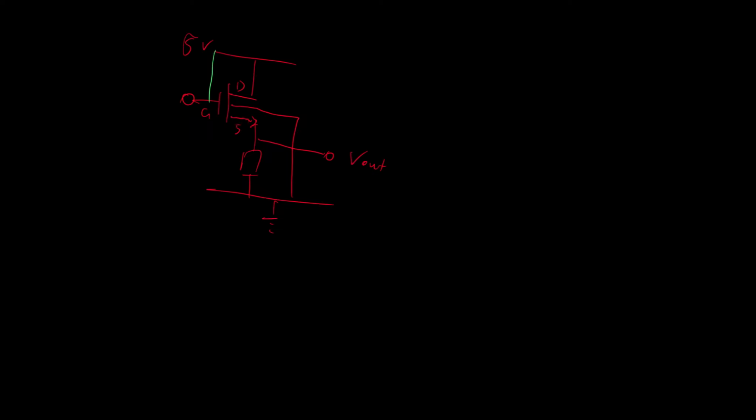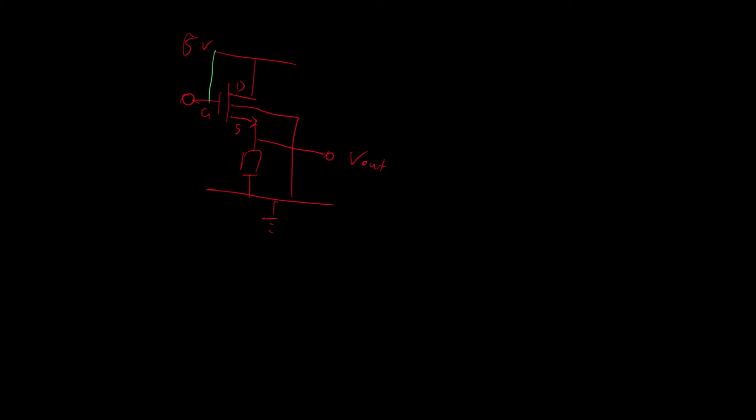And as the source voltage rises, we're going to be reverse biasing this diode even further, and that's going to increase the depletion region, and that's going to effectively close off the channel. So the same thing as before, as the voltage here rises, the channel gets closed off.